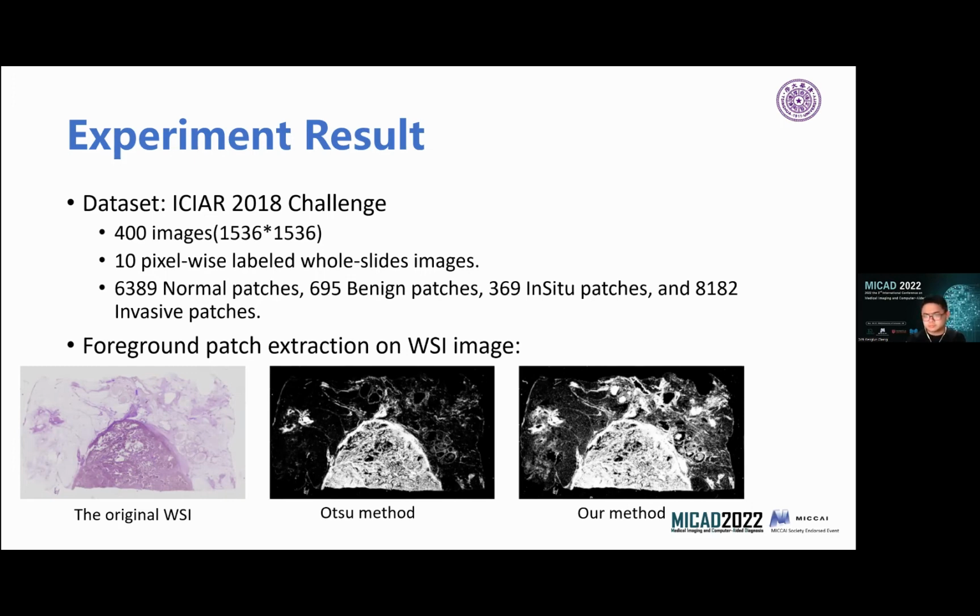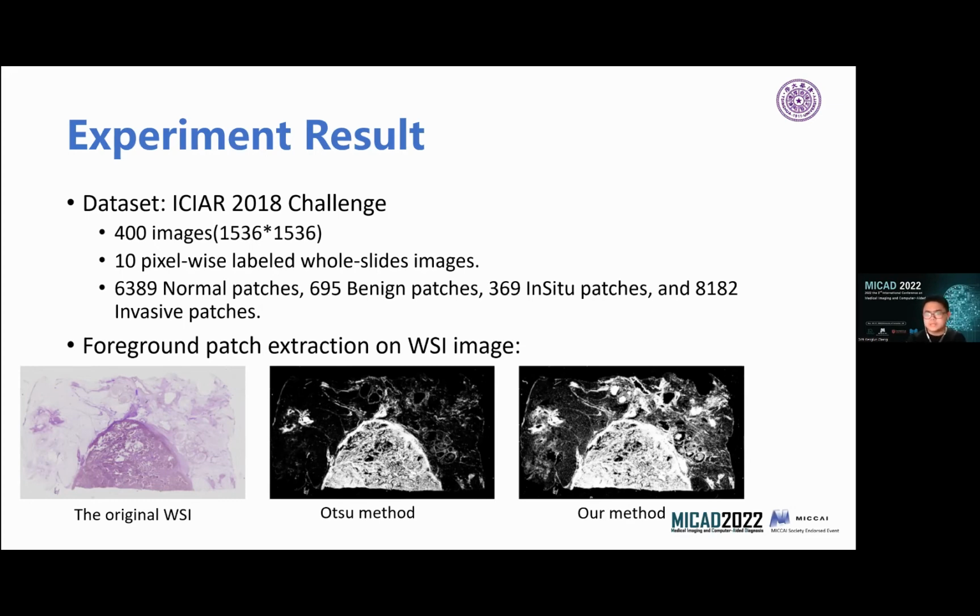And there are 10 pixel-wise labeled whole slide images that are much larger than 1500 by 1500. Finally, by cropping them into the same size, we get about 6,000 normal patches, 600 benign patches, 300 in situ patches, and 8,000 invasive patches. You can see here it has a very long tail distribution of the dataset.